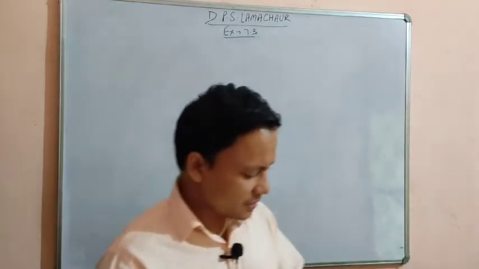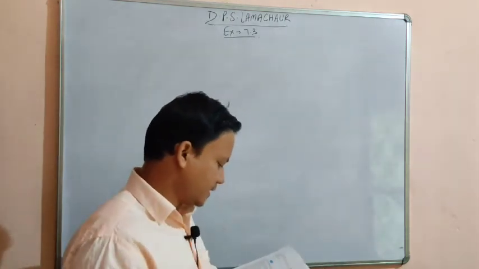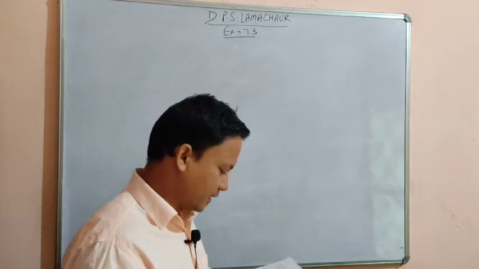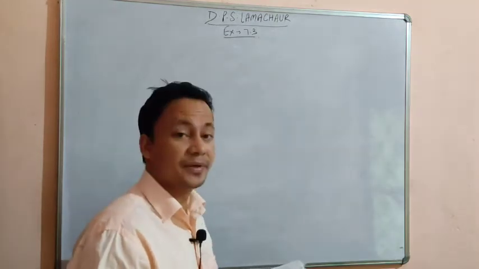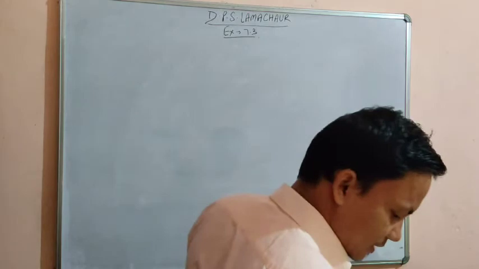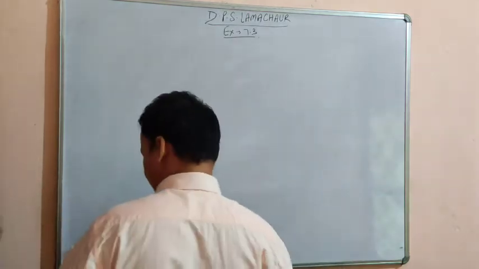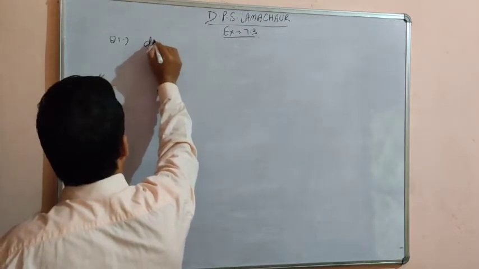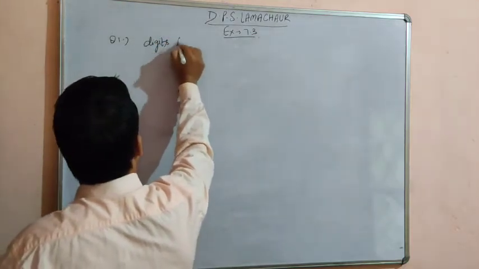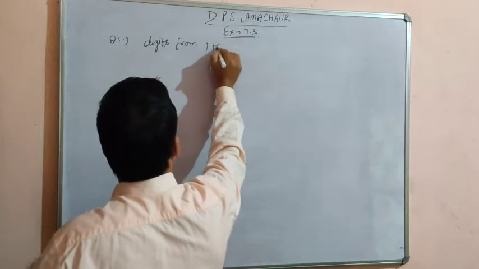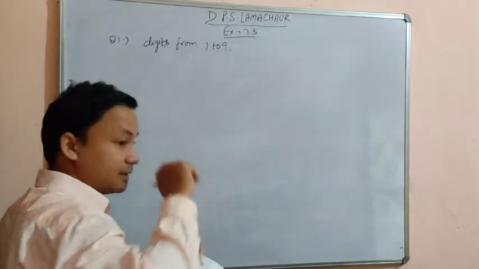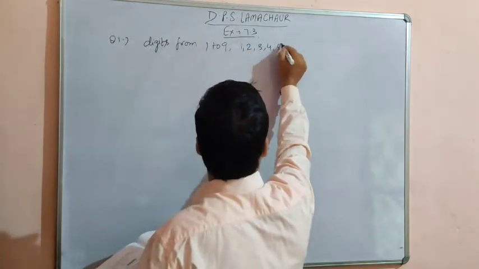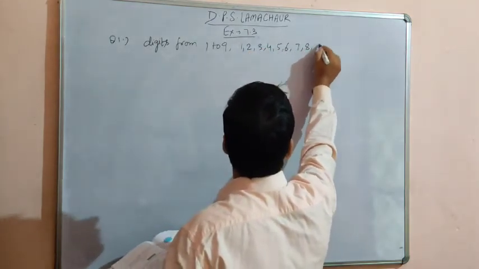So dear student, question number first is, how many 3-digit numbers can be formed by using the digits 1 to 9 if no digit is repeated? Okay, so first question is, we have digits from 1 to 9. There are 1 2 3 4 5 6 7 8 and 9.